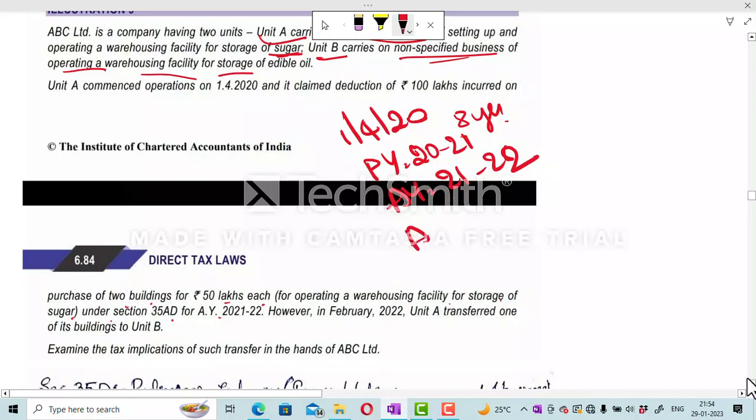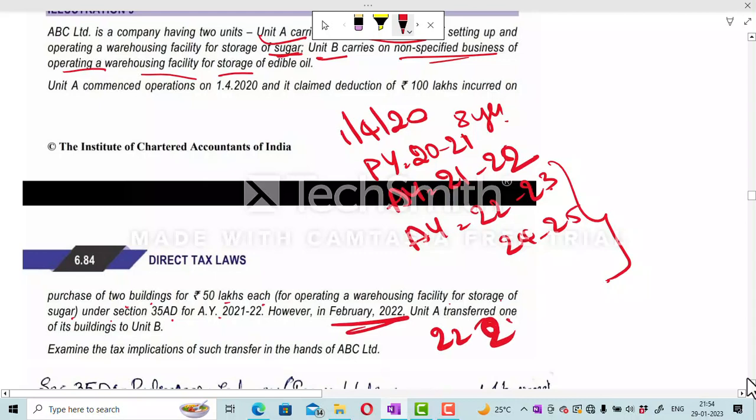And how many years should they use it? Like this, 8 years they have to use. But in February 22, what is the assessment year? 22-23. It means in the next year itself they have transferred it to another business.